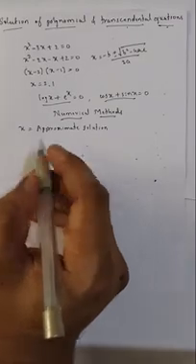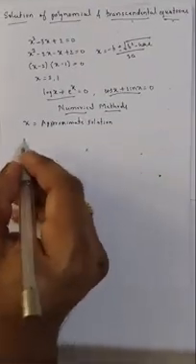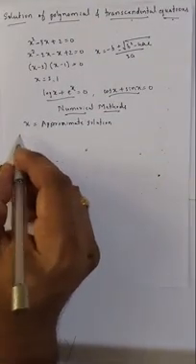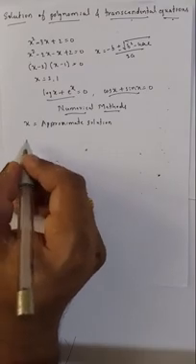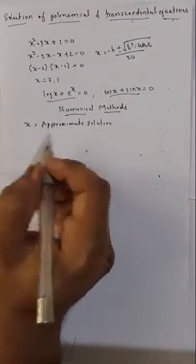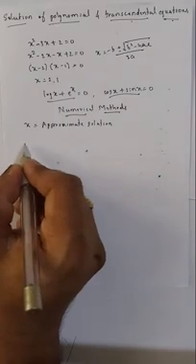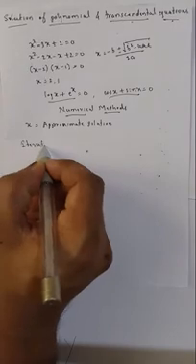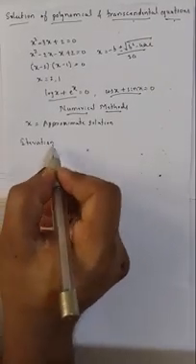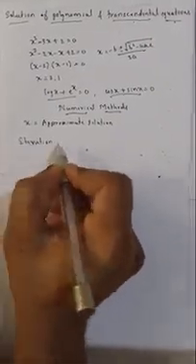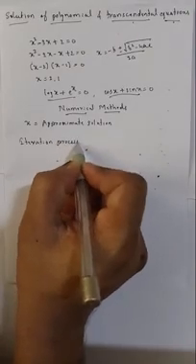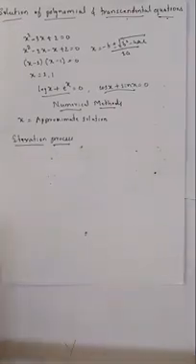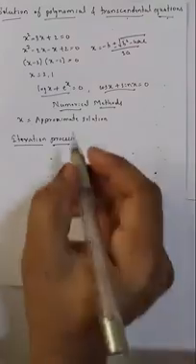The next point is that in these numerical methods there is one important definition which we are using in the process. That is called the iteration process. This is an important definition in the numerical methods. Then what is this iteration process?